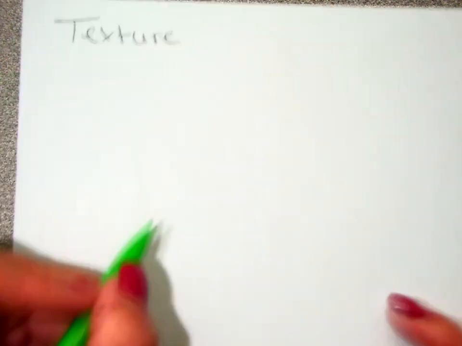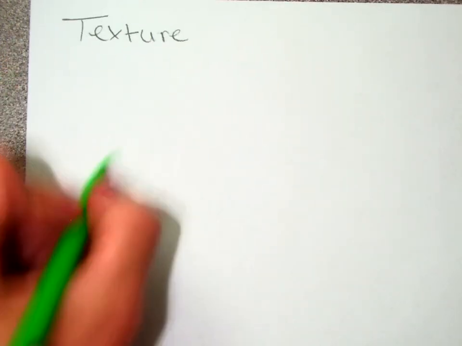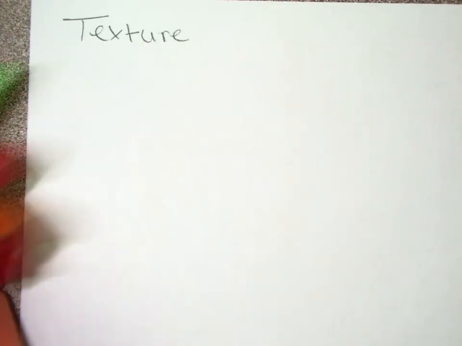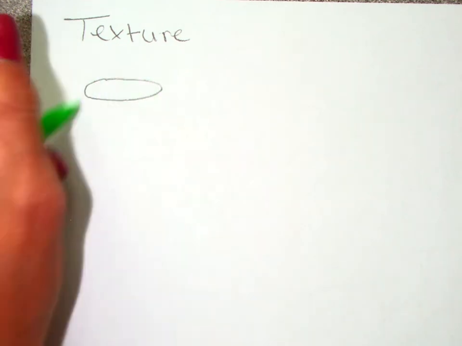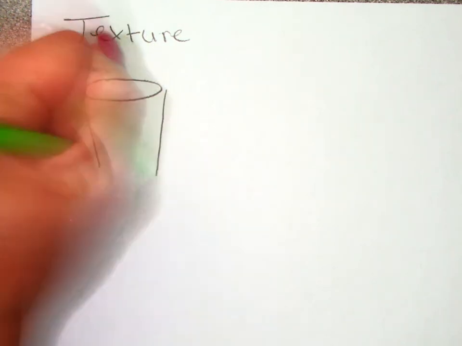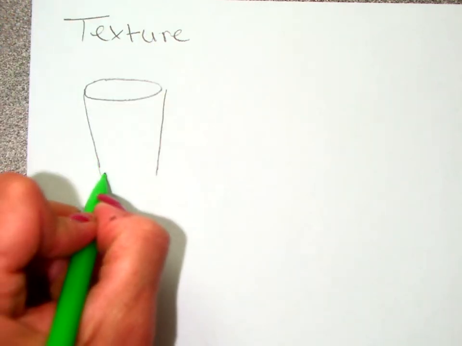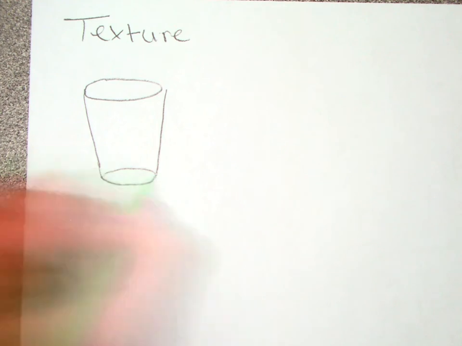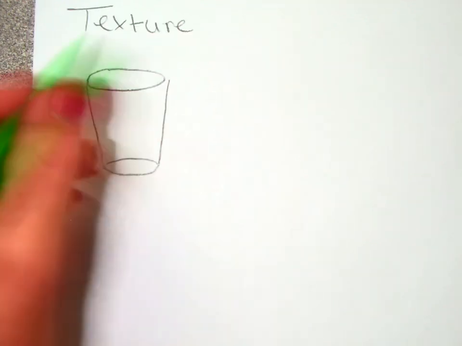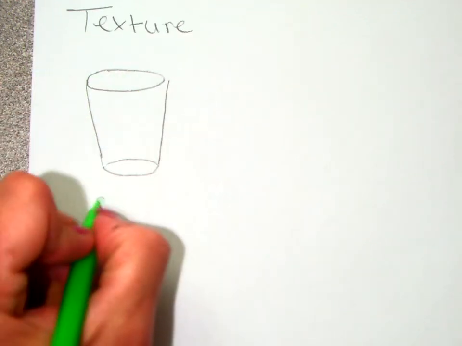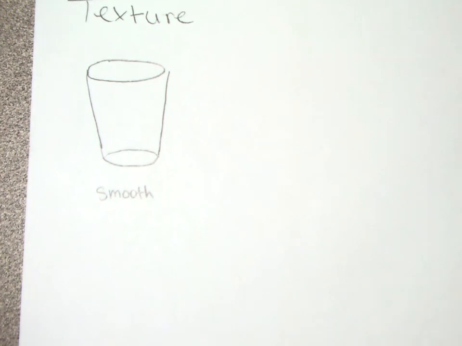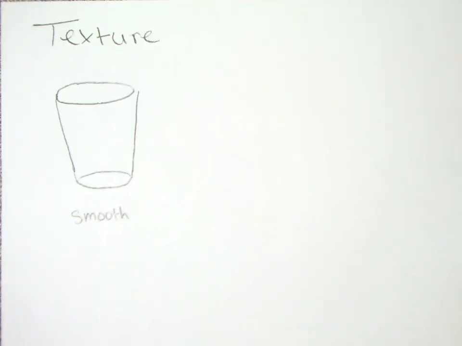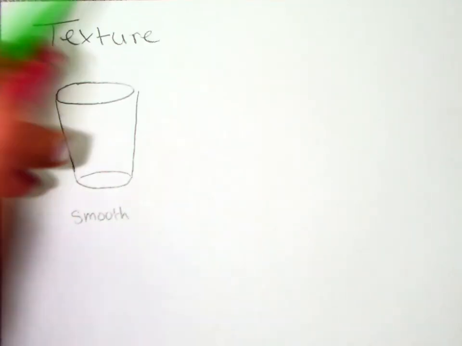So, texture. All right, so if we have a smooth texture, say like a drinking glass, we probably wouldn't do anything for the drinking glass. We would want to leave it as it is. We could shade it, but we'd want to do smooth shading. We wouldn't want to do any of our other shading techniques, which we'll learn about later.